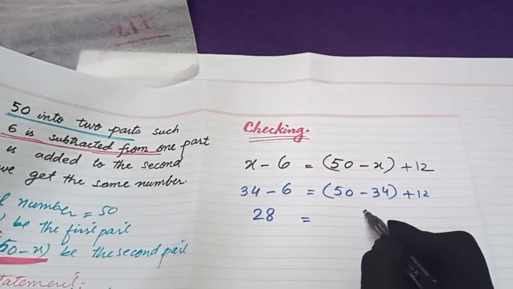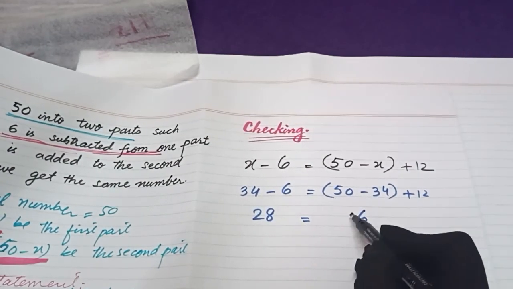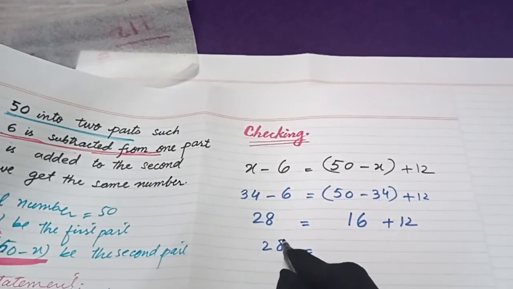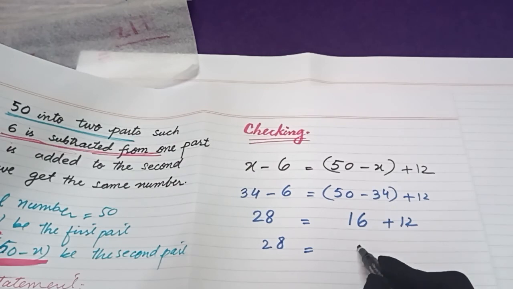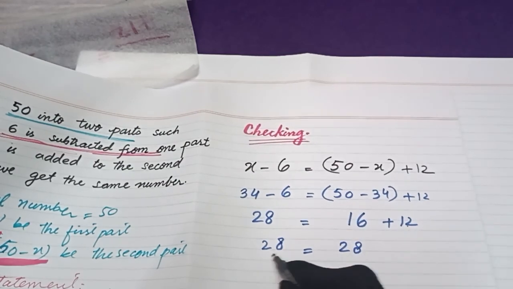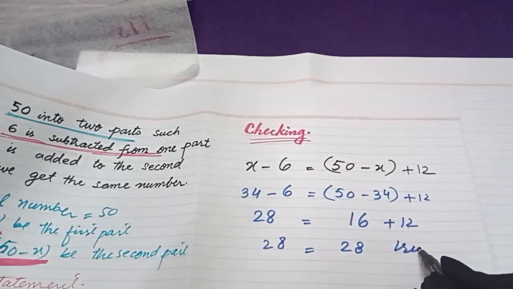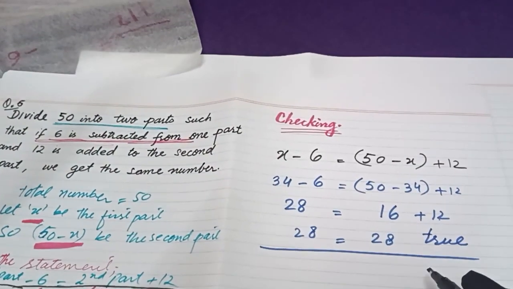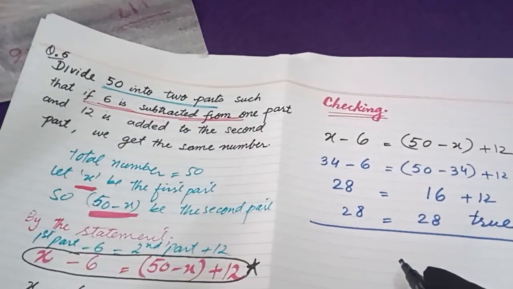Here 10 minus 4 is 6, here left 4, 4 minus 3 is 1, plus 12 is 28. So 28 equals 28, your checking part is true. So it means that the value of x is true.